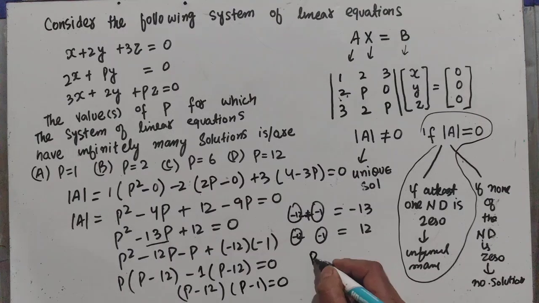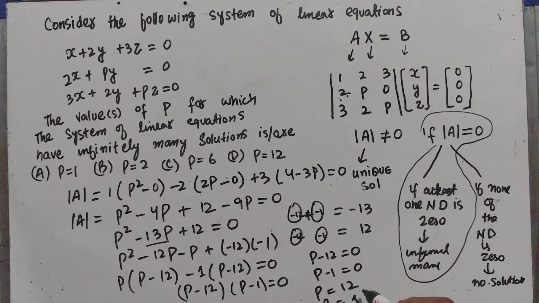That means either p minus 12 is equal to 0 or p minus 1 is equal to 0, which gives us p is equal to 12 and p is equal to 1. Okay, so the values for which the given system of equations has infinitely many solutions are p equal to 12 and p equal to 1.